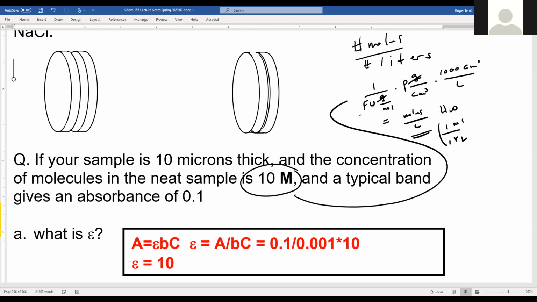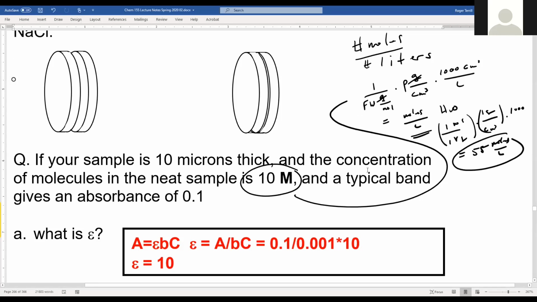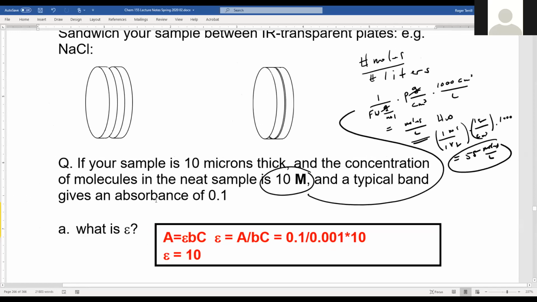That's 1 over FW, times 1 gram per centimeter cubed times 1,000, and this equals 55 moles per liter. So that's an intrinsic property of any liquid material, or actually any solid material for that matter.